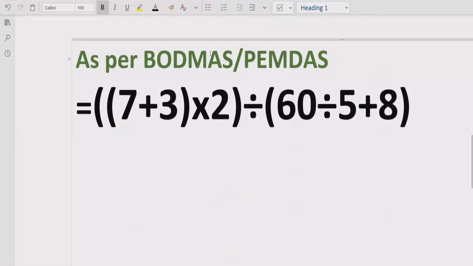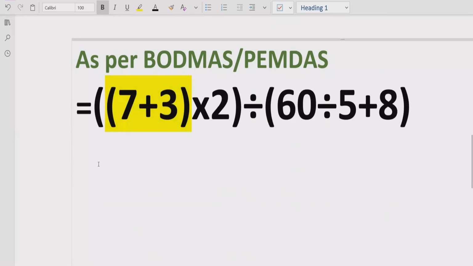According to the BODMAS and PEMDAS rule, first of all we have bracket. But here we have three brackets. One is this one, other one is this one, and third one is this one. So first of all we have to solve the inner bracket which is 7 plus 3.